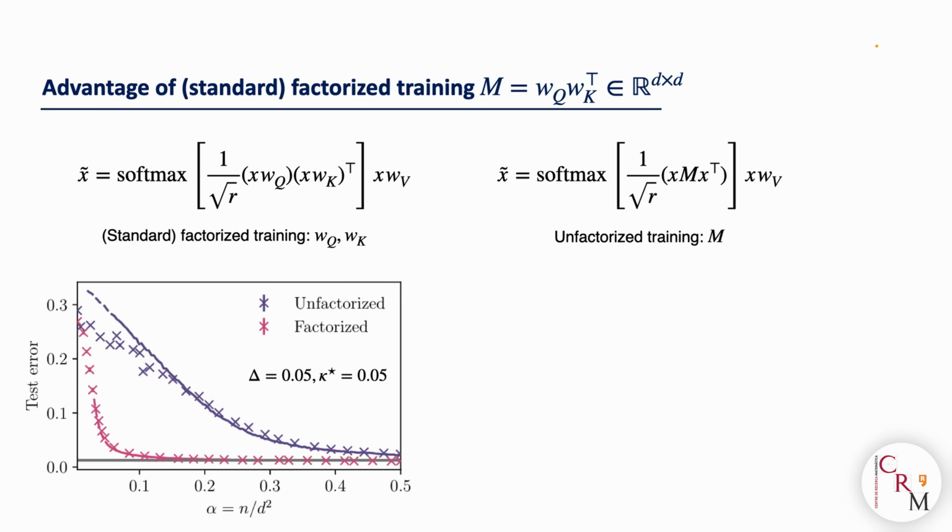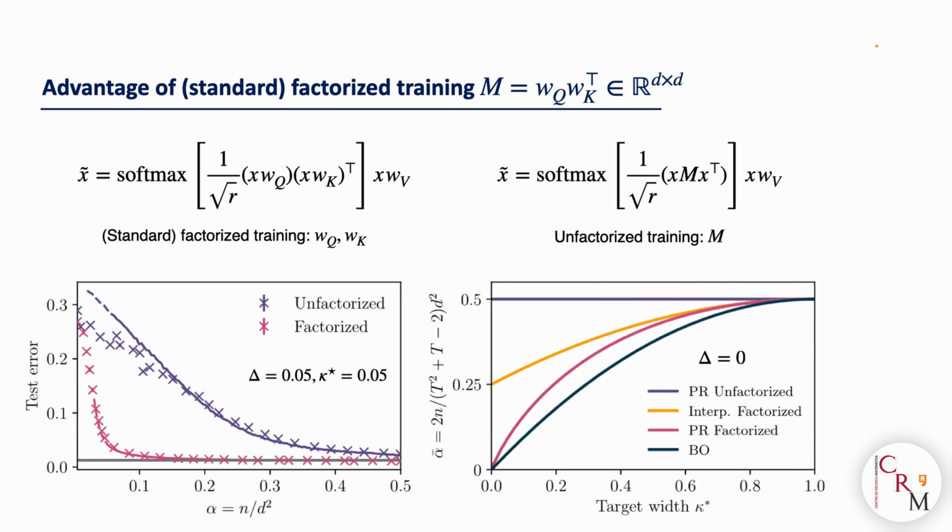So here on the same data, the purple one is where we train directly the elements of the product of key and query. And the pink one, we train the key and query separately, as is usually done in practice. And this one actually has the inductive bias and works. The test error is low, and this one doesn't. We can also draw it as a phase diagram as a function of the target width.